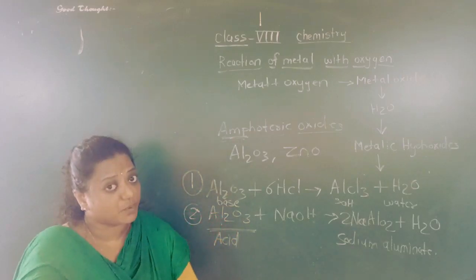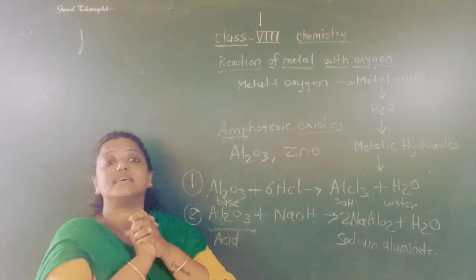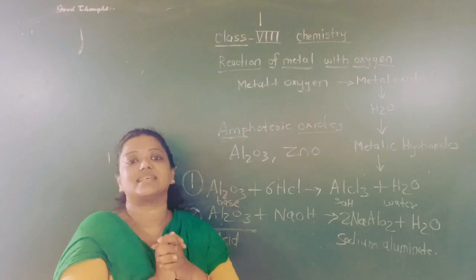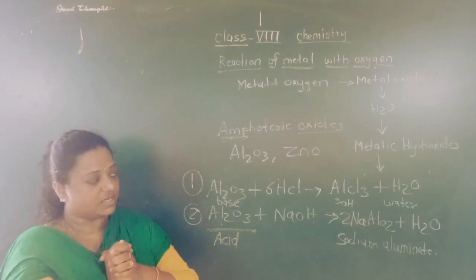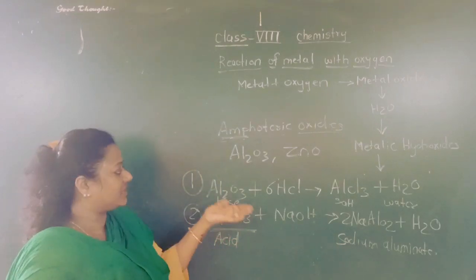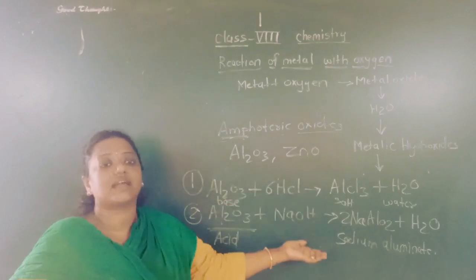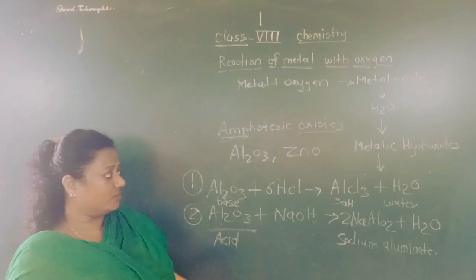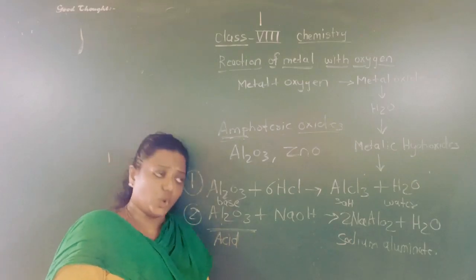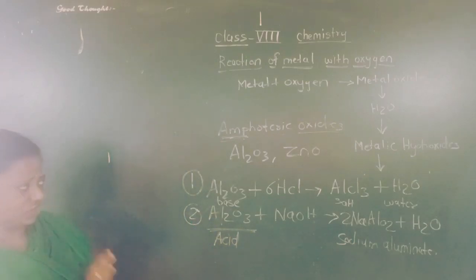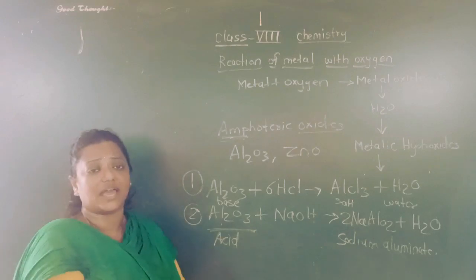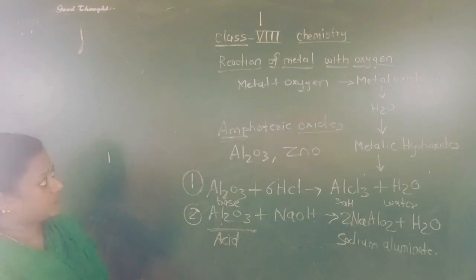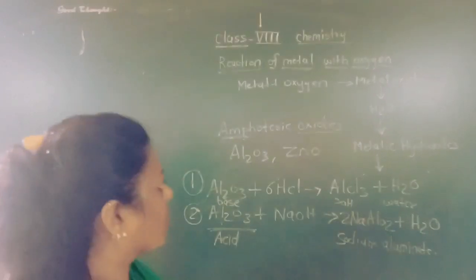They can react with both acid and base, and they behave like acid and base. Understood? What happens when they react with acid and with base is given over here. If you want, you can note it down in your notebook, which will help you in your higher grades. So we'll go ahead with the next concept.